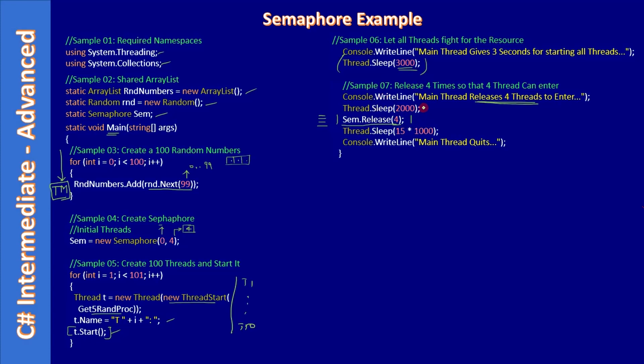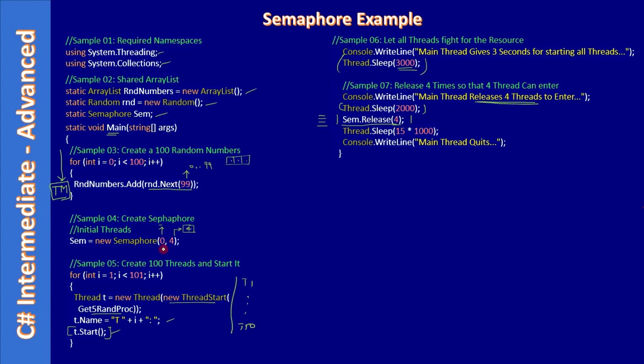And here we are giving a 2 second delay, right? First we give a 3 second delay so that all threads go to the concerned thread procedure, then we give 2 more seconds of delay, and we release 4 threads.